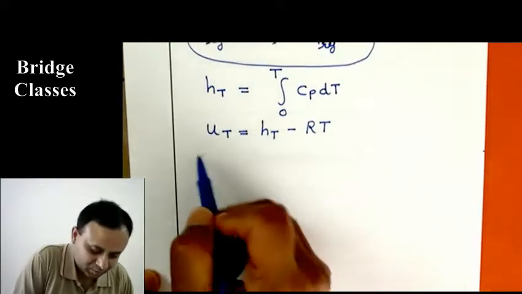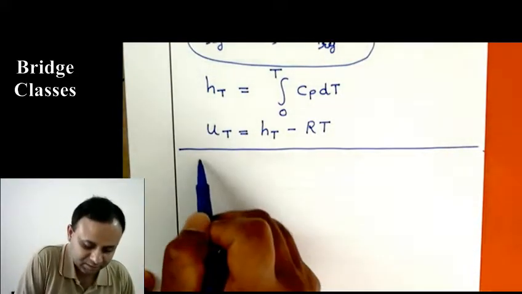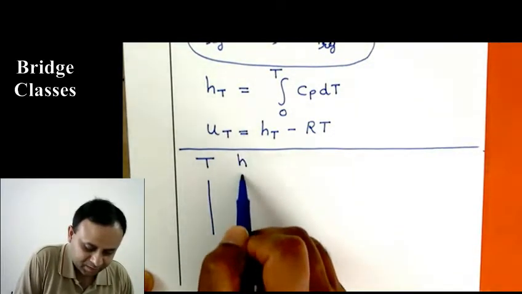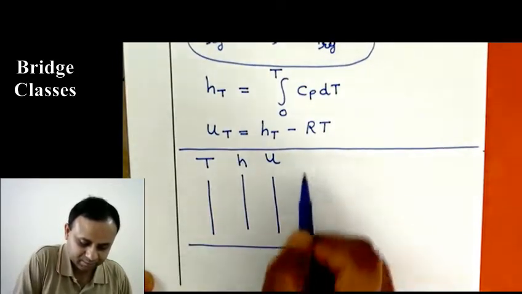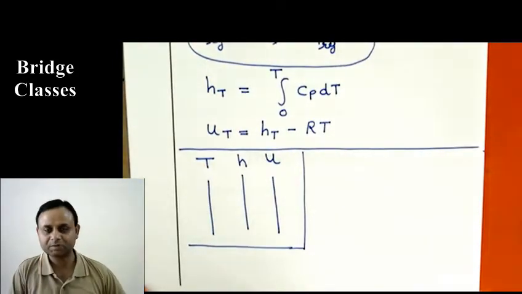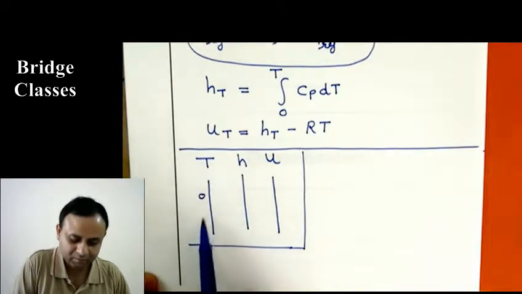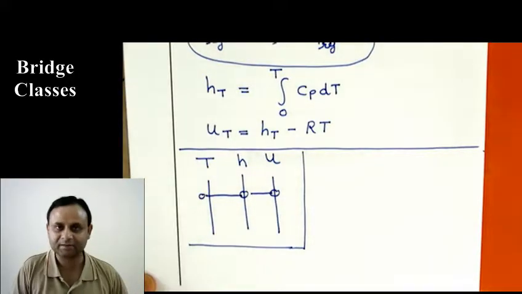And in the textbook, these tables are available for different gases. You'll find these tables as a function of temperature, giving enthalpy and internal energy for different gases. So one option we have is, corresponding to a given temperature, we can read the value of enthalpy and internal energy directly from here.